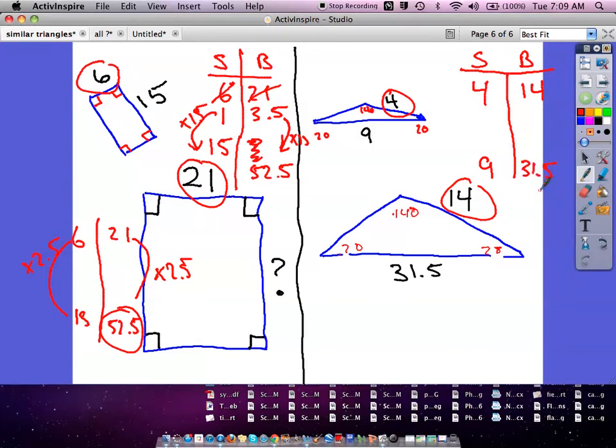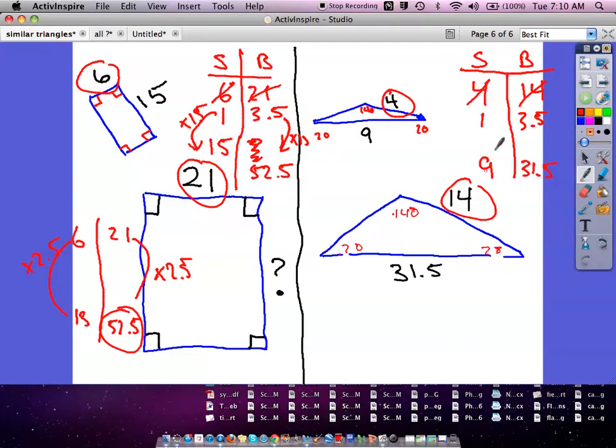So what I might want to do is find something to divide both of these by, or just find a unit rate. And sometimes just finding a unit rate is the easier way to do this. So if I divide both of these by 4, I'm going to find a unit rate. That'd be 1. And then 14 divided by 4 is 3.5.